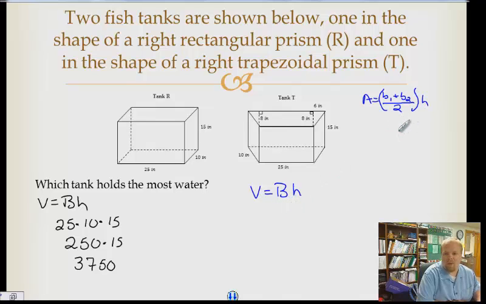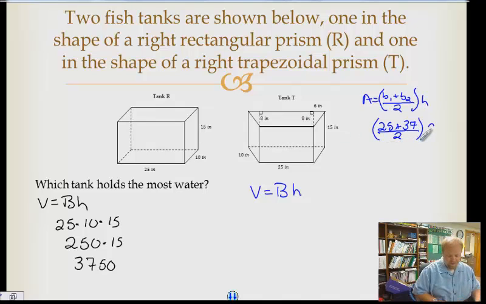Well, I know one base is 25, so that's pretty easy. Now, if I look from here to here is 25, but the sides here extend another 6 inches on either side. So 25 plus 12 is going to be 37, divided by 2, times the height of the trapezoid, which is this right here, that's 8.